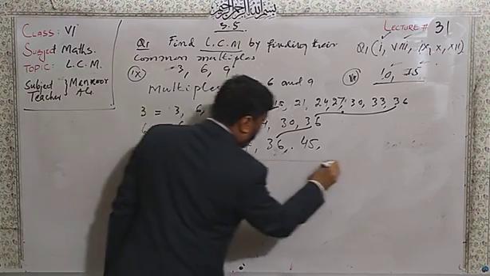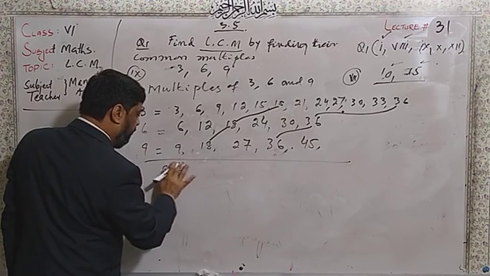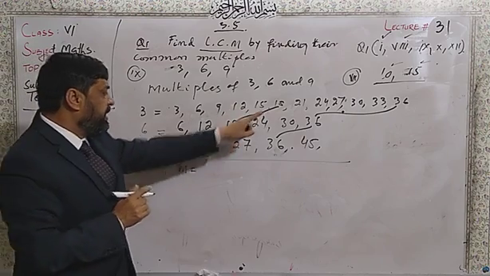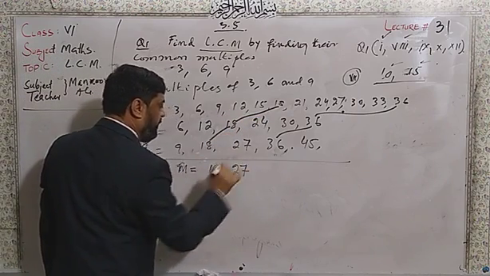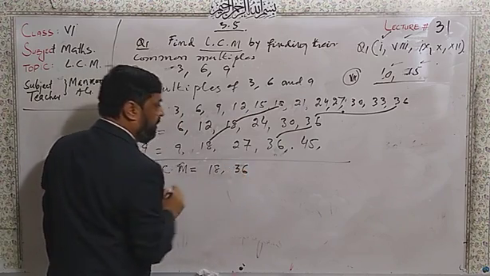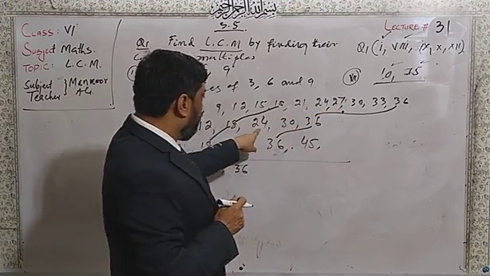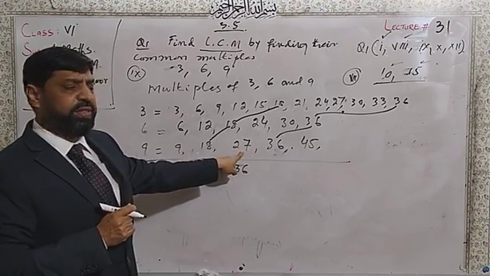Then, dear students, I write the common multiples of the given numbers: 18 and 27, 18 and 36 here. If I take the 27 here, it is not in the middle one.